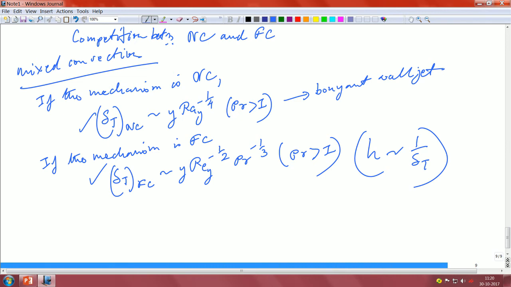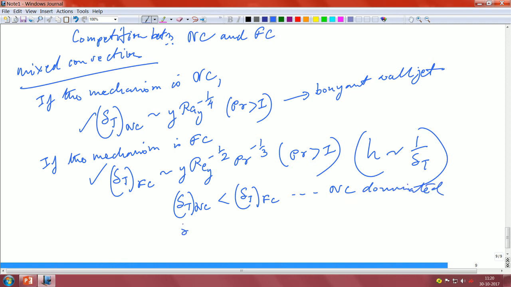So, if H with respect to natural convection is higher than H with respect to forced convection, you will have a natural convection dominated situation. In other words, if delta T NC is less than delta T FC, then it is a natural convection dominated problem.